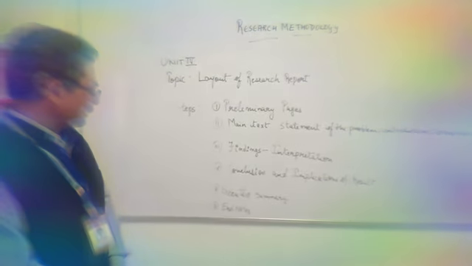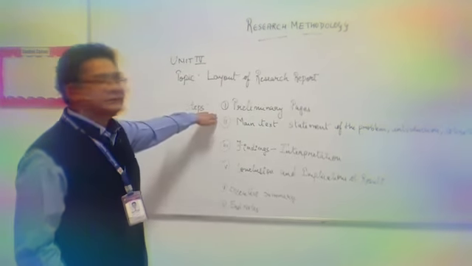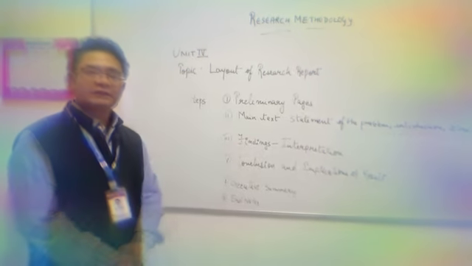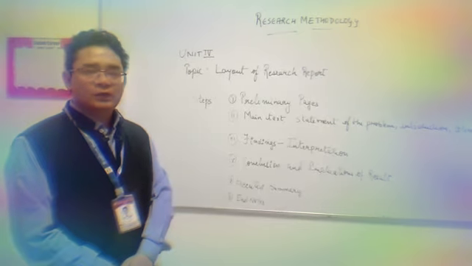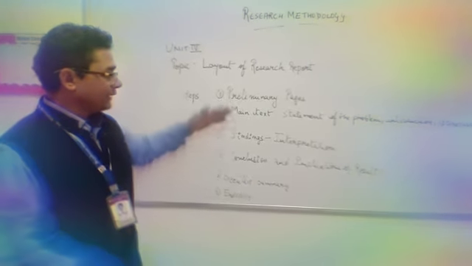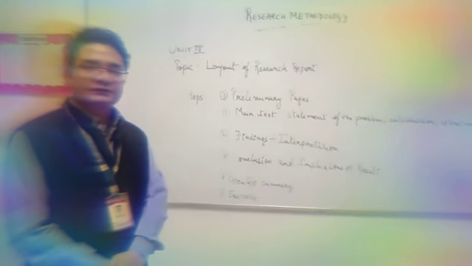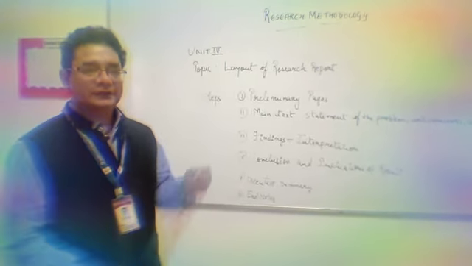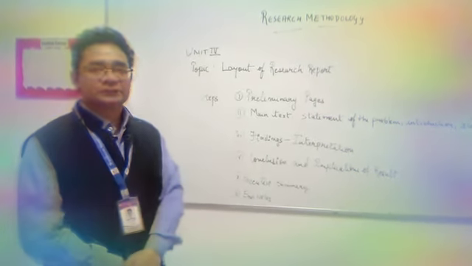In level 1, the preliminary pages, we will make the acknowledgement of the research, whereby we acknowledge the people who have been associated with our research work. Then we will write the index for the research, in the form of the number of pages, which has to correspond with the research work.